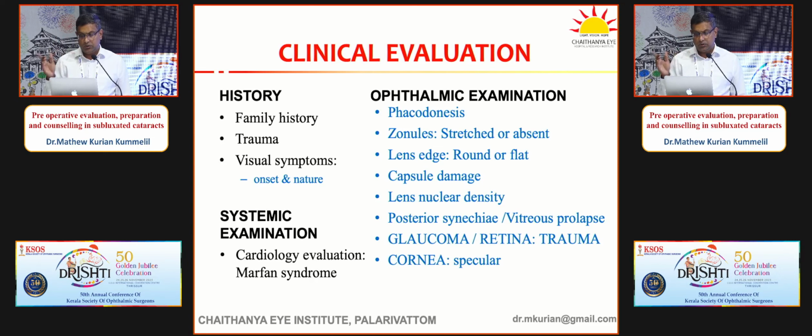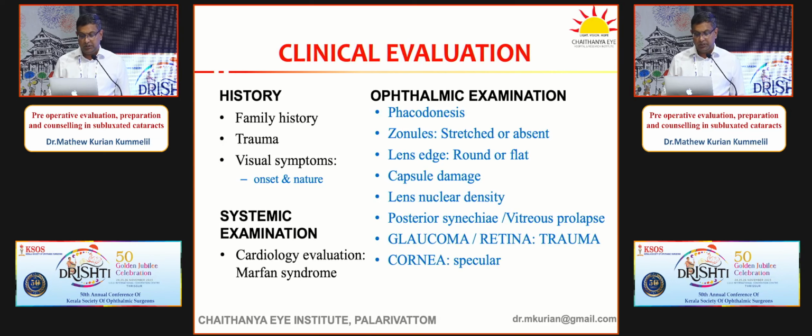If it is round or flat, that gives a different indication as to what you will encounter intraoperatively. Look for anterior and posterior capsular damage, and the density of the nucleus. If it's a hard cataract with this kind of a compromise, it becomes much more difficult to manage. Posterior synechia and the presence of vitreous prolapse may sometimes be the only indications that there is a possible problem.